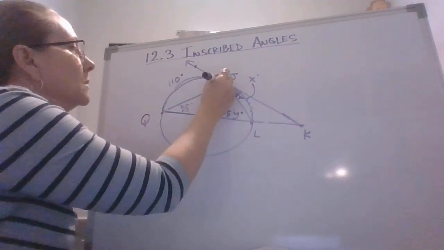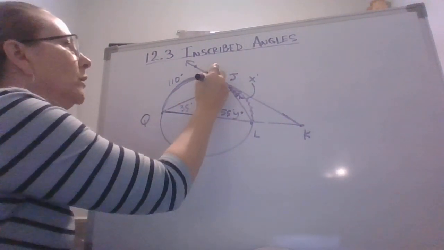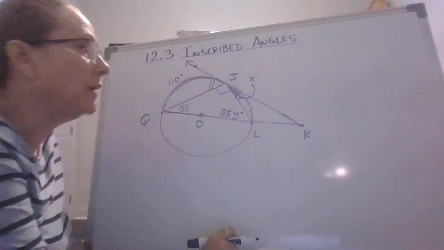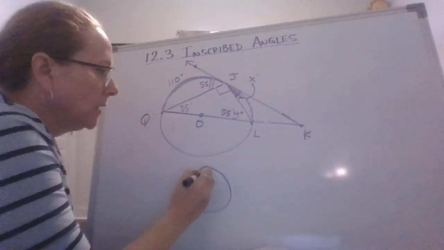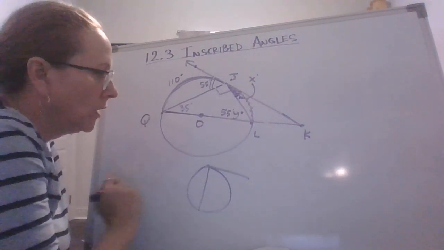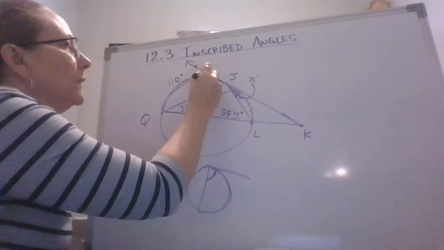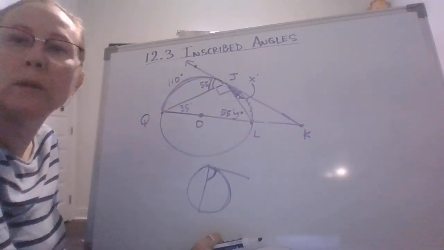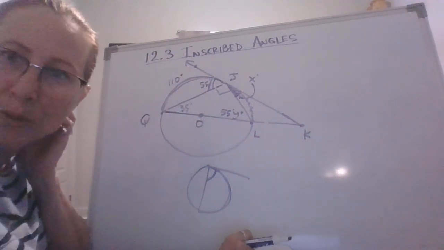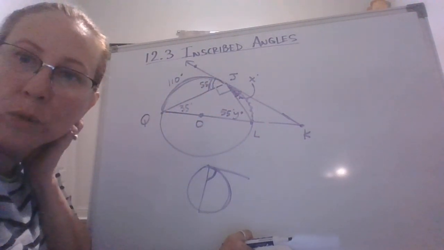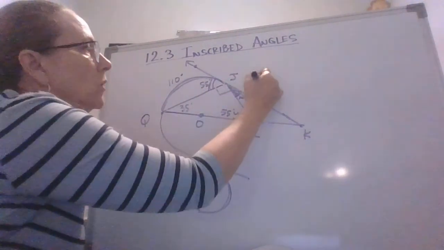That's the arc for this, which tells me that this angle over here is 55 as well, because it's the same as that tangent and the arc. The angle is half of the arc. So this is my arc, this is my angle. Well, the reason why that is important is because 55, 90, and this angle, they add up to 180. If they add up to 180 and you subtract 90 and 55 from 180, x is 35.